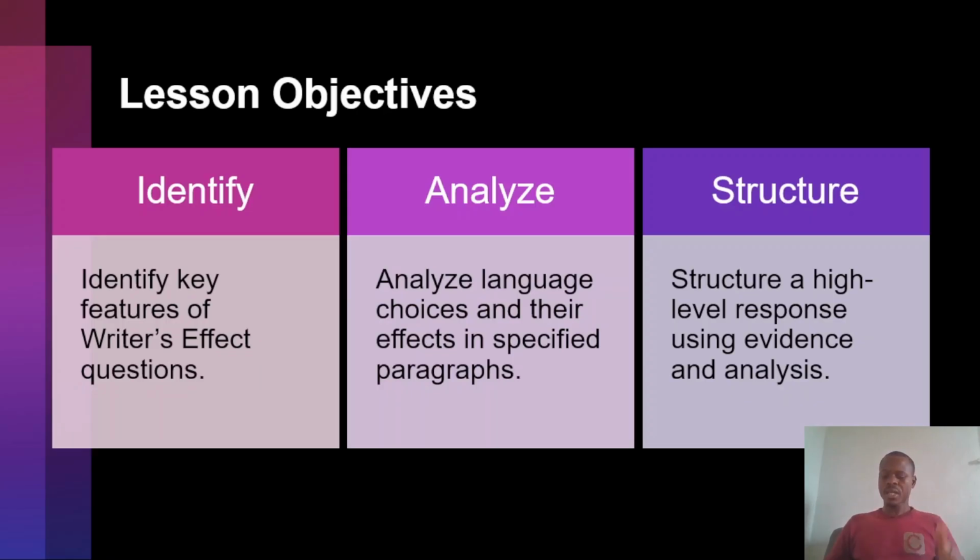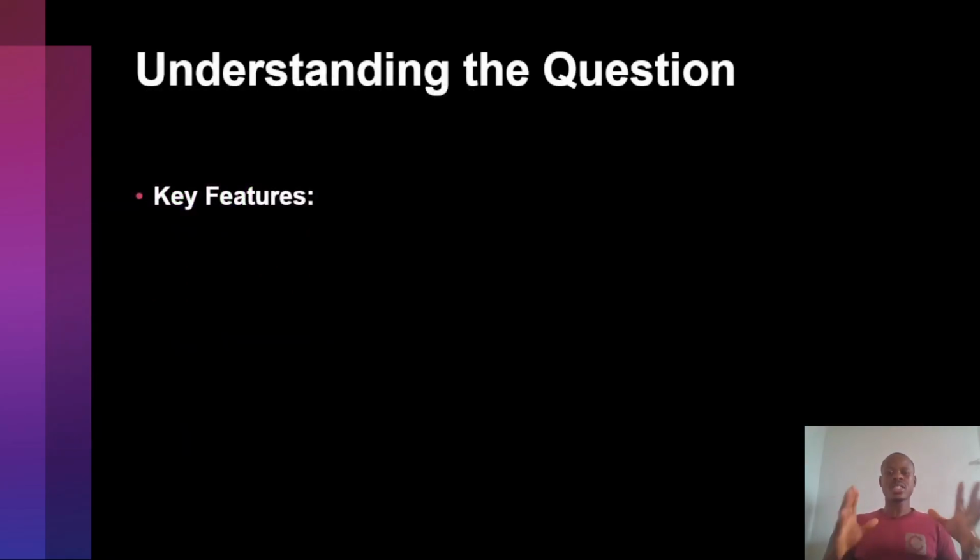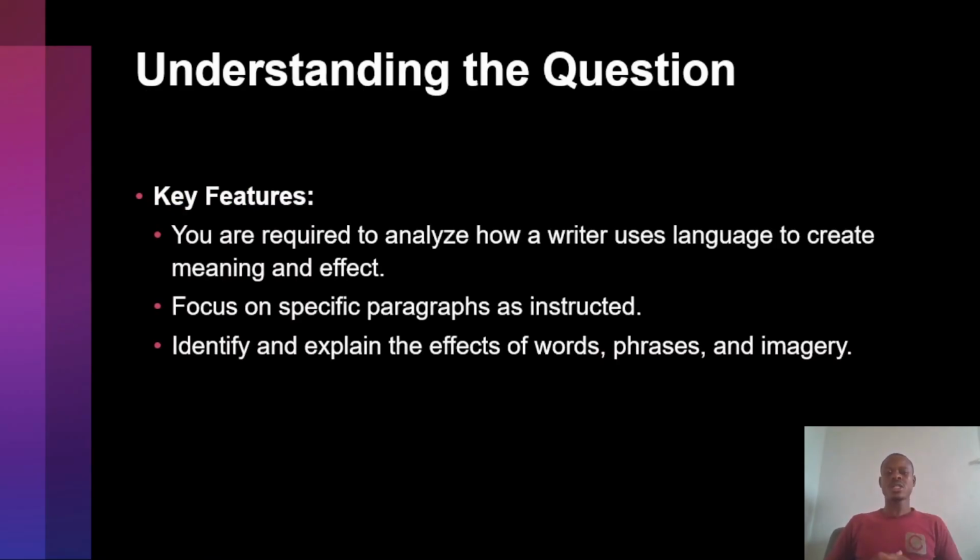All right, so let's proceed with understanding the question. What are the key features of question 2D? The first one is that you are required to analyze how a writer uses language to create meaning and effect. This is the big deal here.